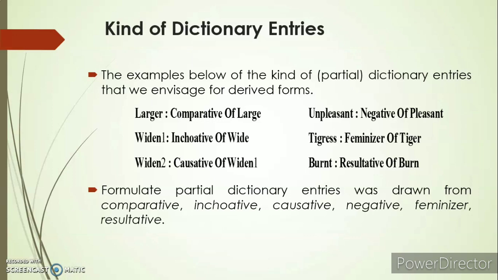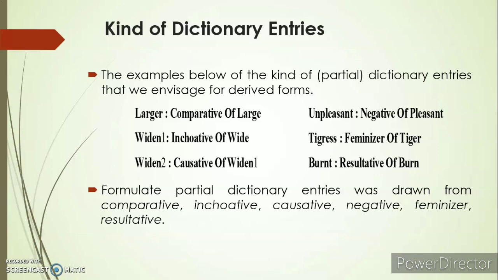Widen one here means the intransitive verb, the inchoative of wide, and widen two here is the transitive verb, causative of widen one as intransitive verb.